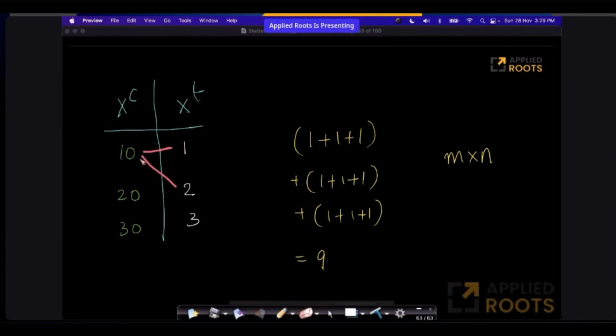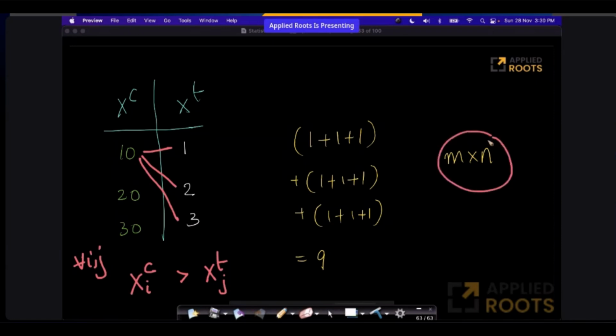This is greater than this. So if every value of XC is greater than every value of XT, for all i and j, if XCi is greater than XTj, then you'll get all ones. How many ones will you get? If there are n values here and m values here, you'll get m times n. Very simple.